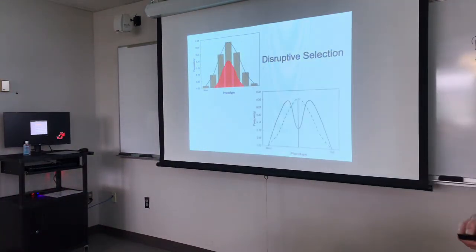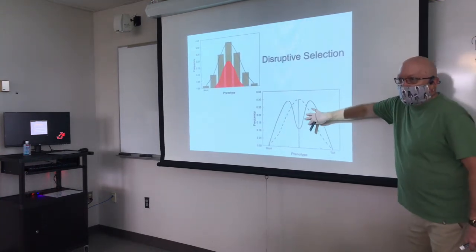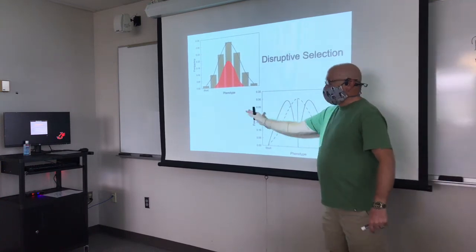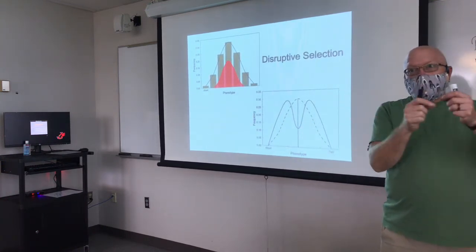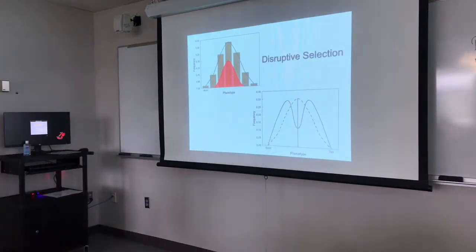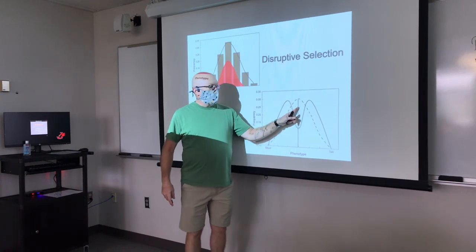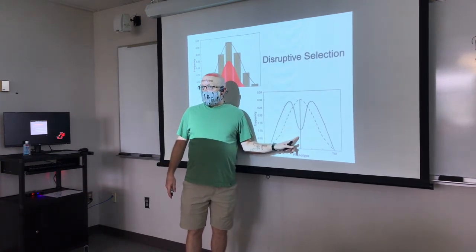Because you have more of the trait distribution distributed out here and more of it distributed out here. If you remember how variance is calculated, it's the difference between the individual trait values from the mean, squared. So in this situation, in the pre-selection population, a lot of the individual trait values are very close to the mean.